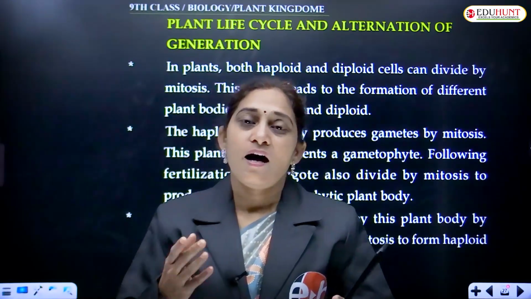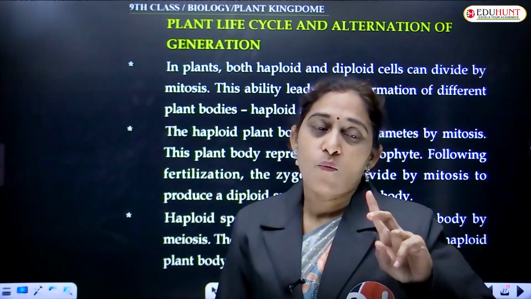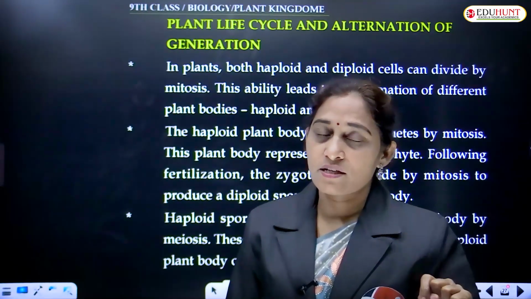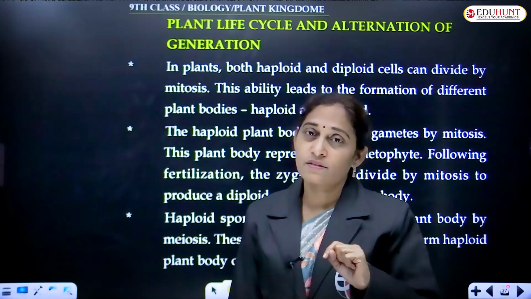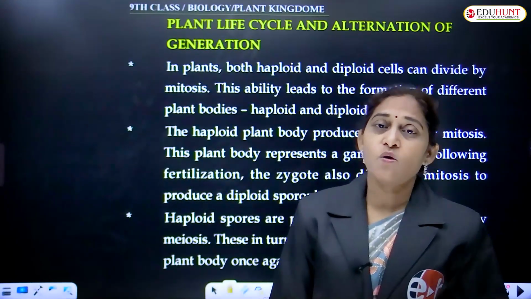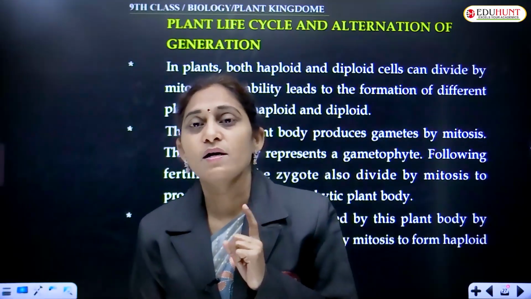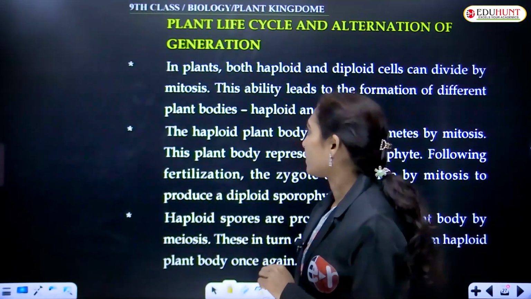Like that, in the life cycle, two things occur. One is the fusion, that is fertilization, that forms the diploid phase, that is the sporophytic phase, and the sporophytic phase undergoes meiosis to form the haploid phase, that is the gametophytic phase.